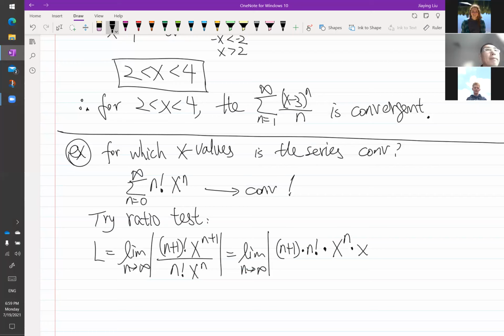I'm going to simplify by expanding (n+1) factorial as a product, (n+1) times n factorial, and x to the n+1 as x to the n times x. The denominator is the same, so we just keep it.